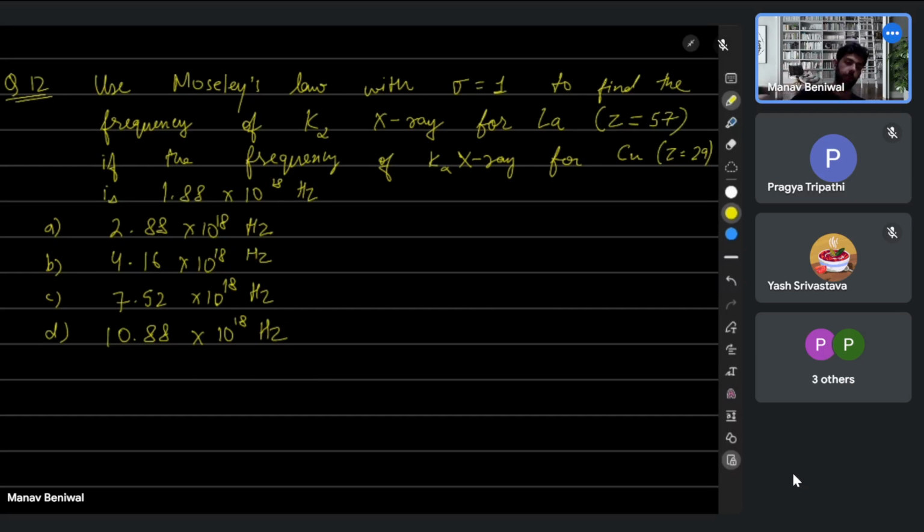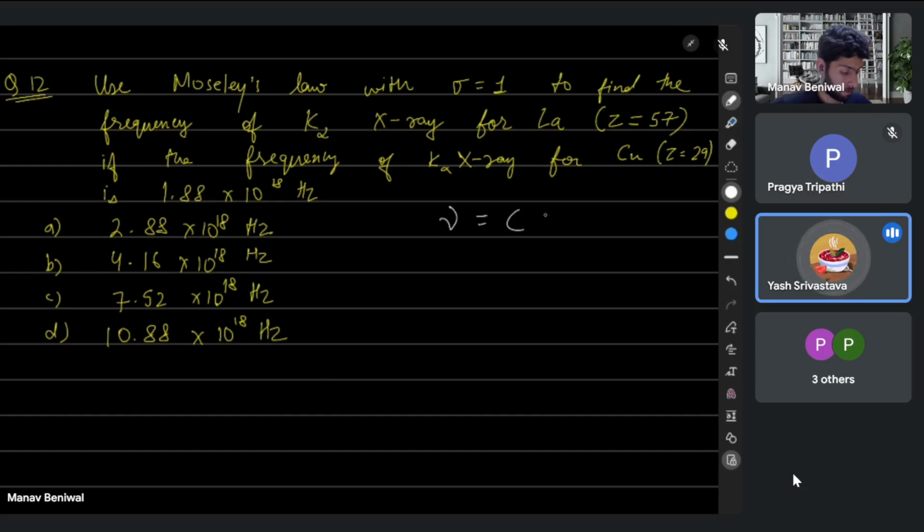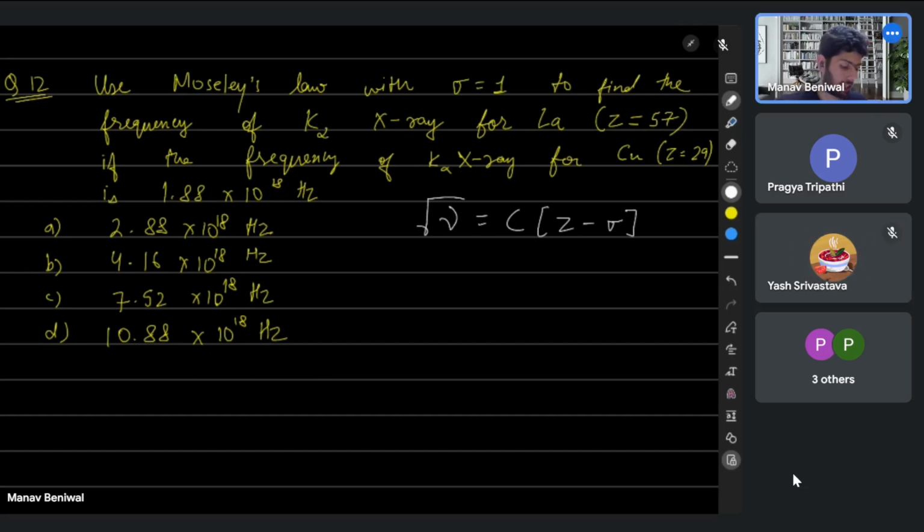Now, what is the expression for your Moseley's law? Anyone? So frequency equals C times bracket open atomic number minus sigma bracket close whole squared. Or I can just write under root.